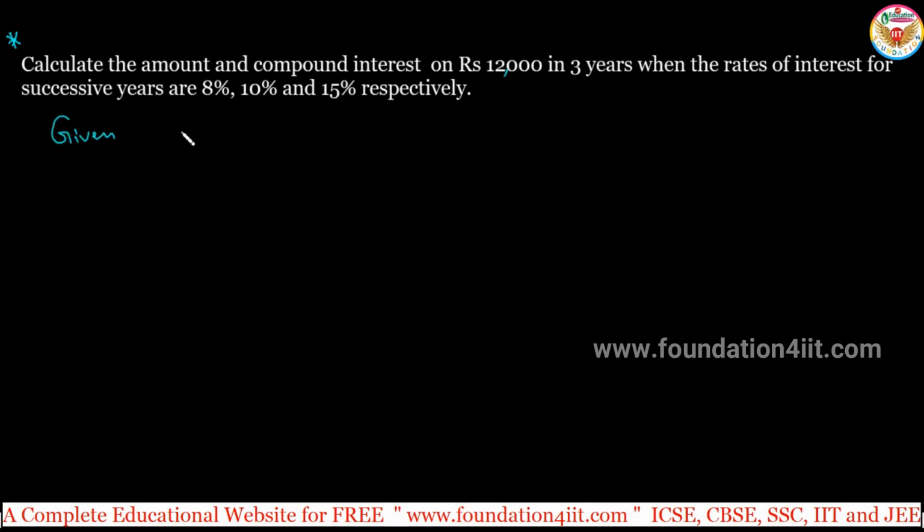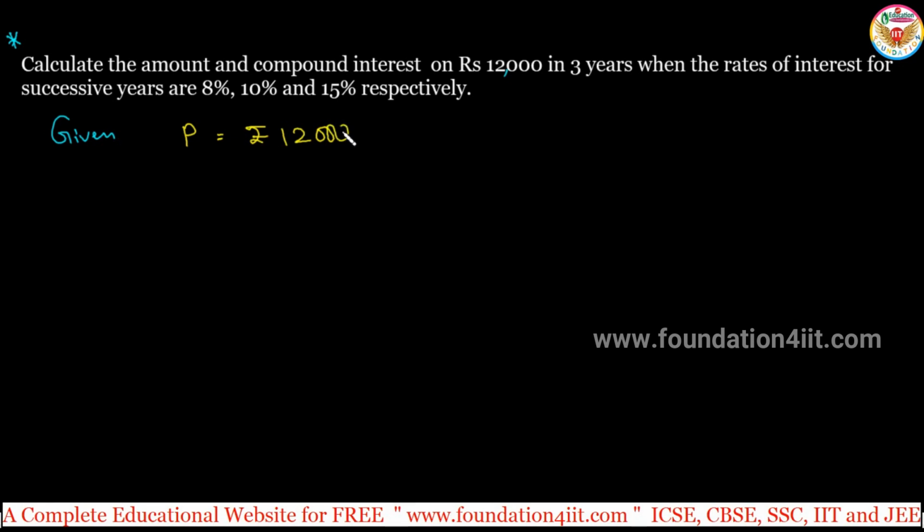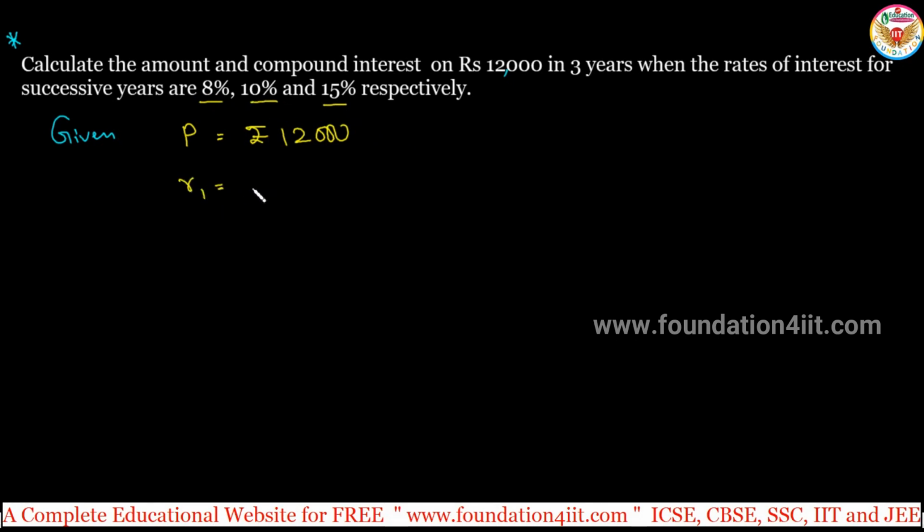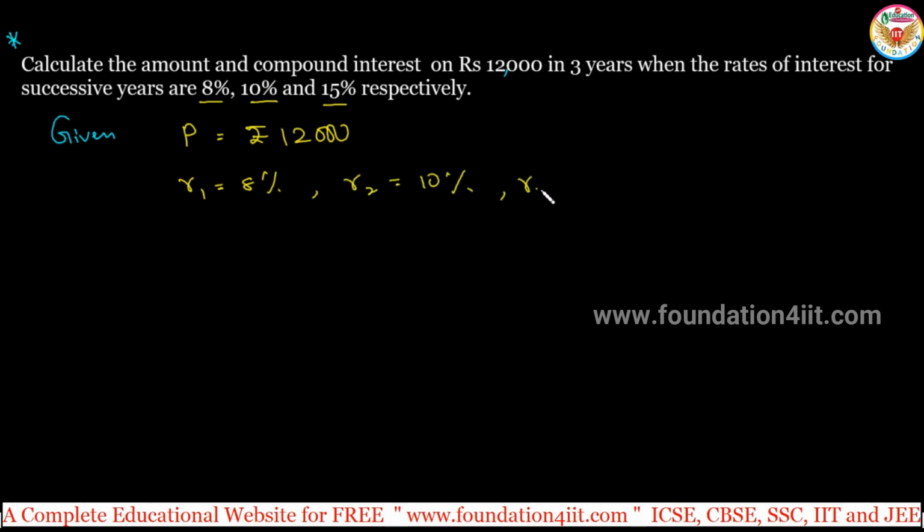P is given, 12,000 rupees. Time is 3 years, but because the 3 rates of interest are different, R1 is 8% for the first year, R2 is equal to 10%, R3 is 15%. This will apply in the formula.